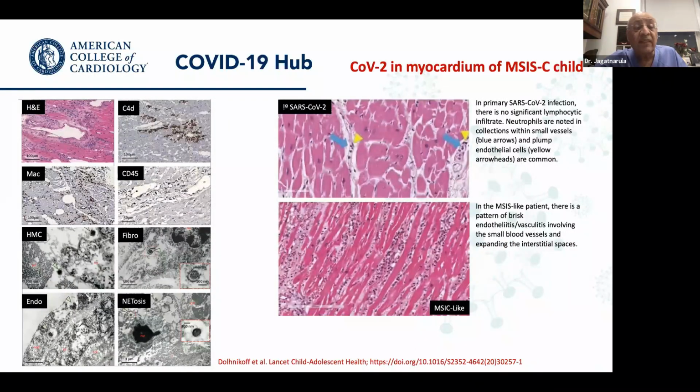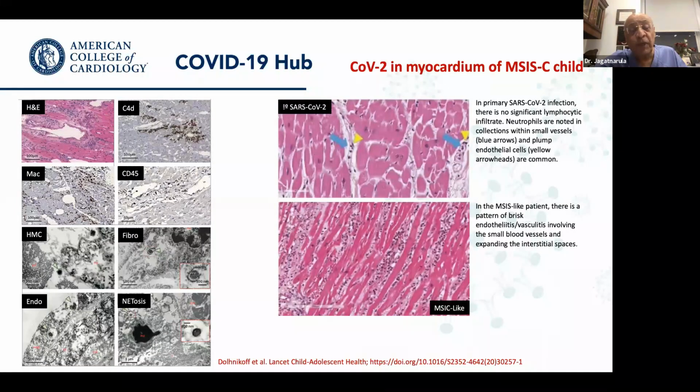In the last slide here, I would like to show something we call MIS-C, or multisystem inflammatory syndrome of children. It is quite like Kawasaki's disease, which occurs in children who are relatively older than in typical Kawasaki.